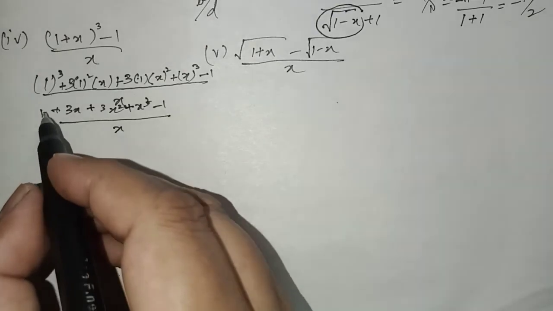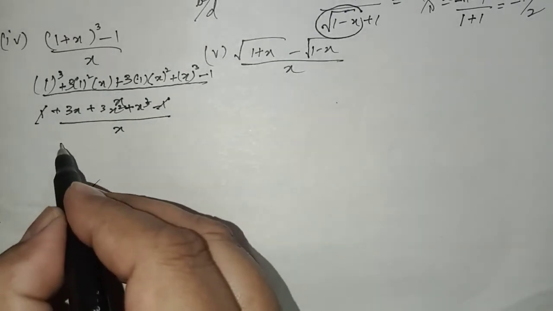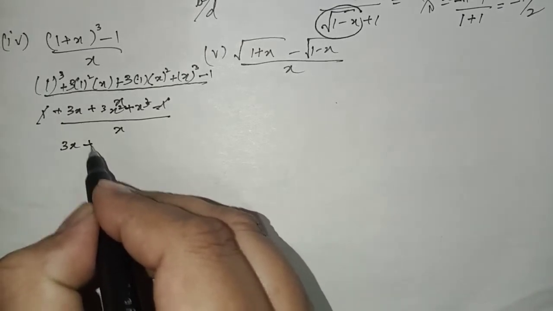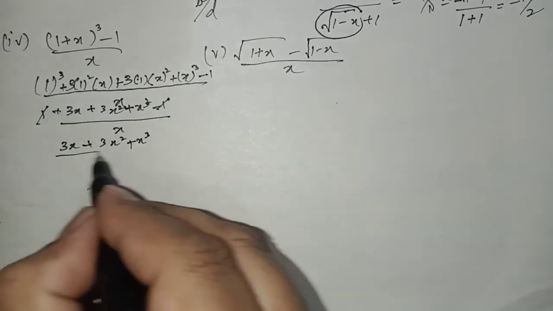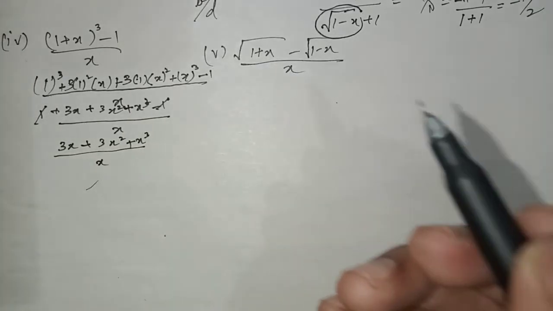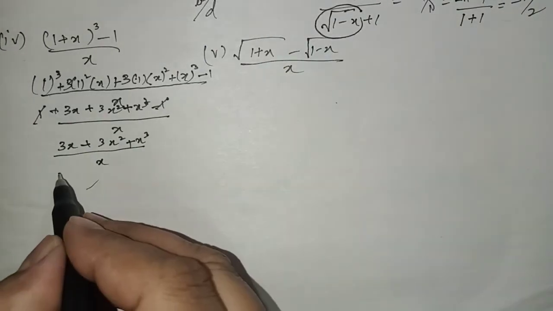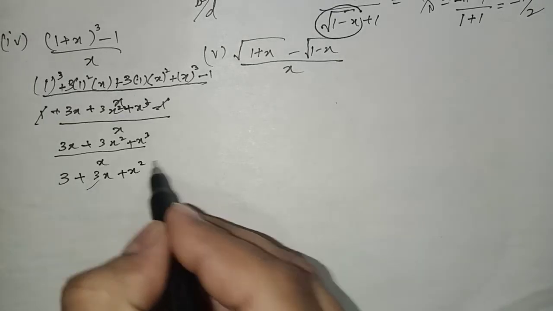Now we can see that 1 and minus 1 can cancel each other, so a more simplified form of it will be 3x plus 3x square plus x cube upon x. By dividing all these values by the denominator, that is x, we can get 3 plus 3x plus x square.